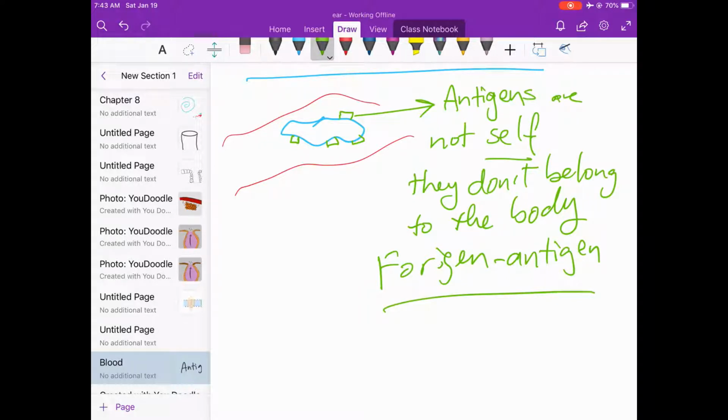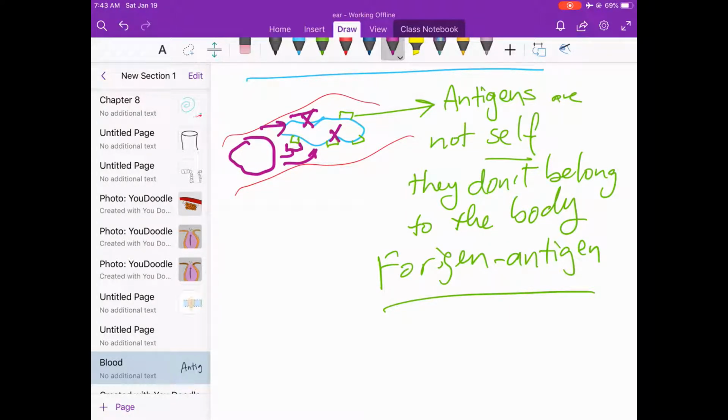Okay, foreign antigen. So when there are the white blood cells, let's draw them in purple, they will come and examine these antigens. They will recognize that this organism does not belong to the body, and they will start to attack it.